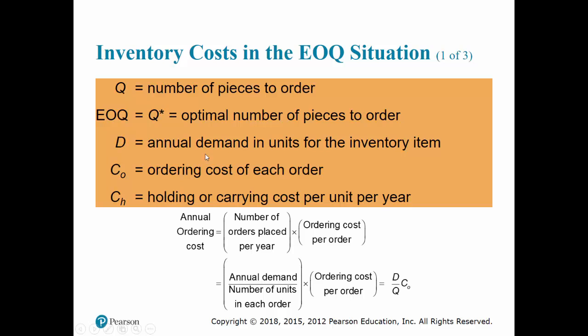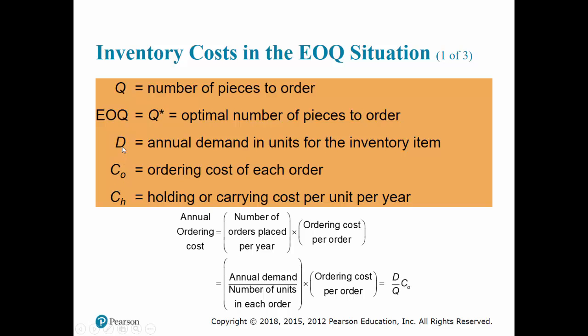So now let's introduce some notation. Q is the number of units that we order, the order quantity. EOQ is the optimum order quantity, or economic order quantity. Here, these three things must be known to us for us to be able to compute EOQ.